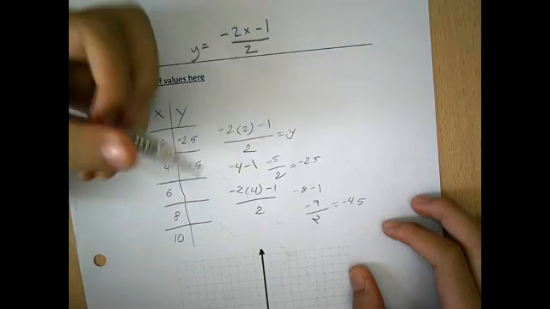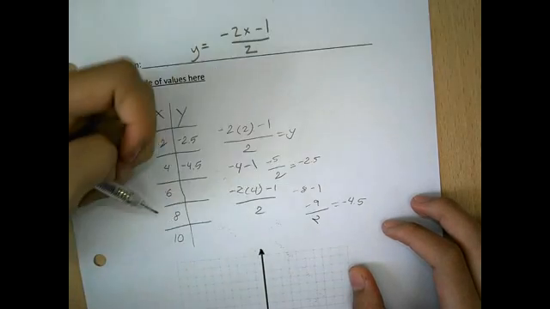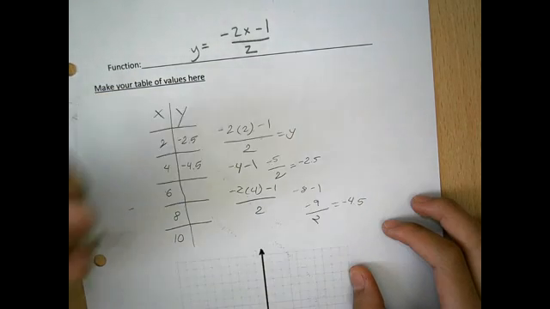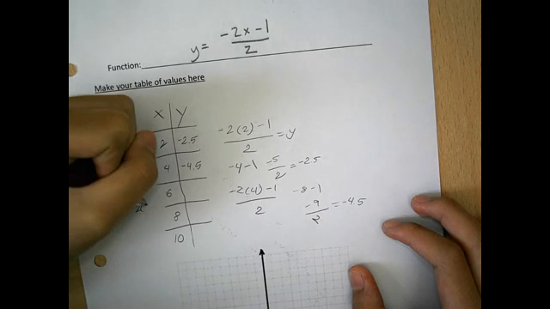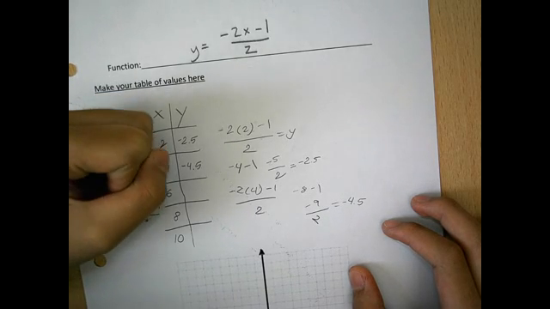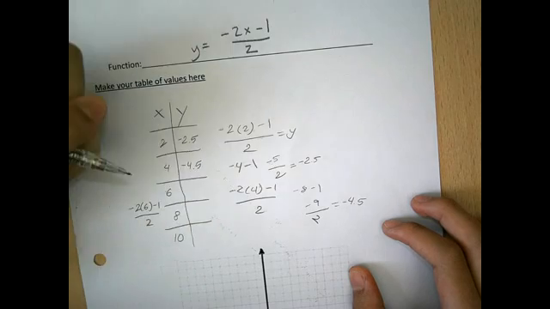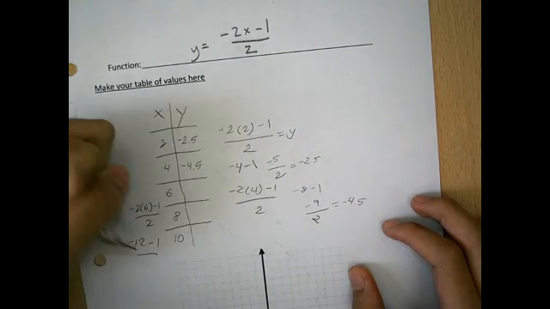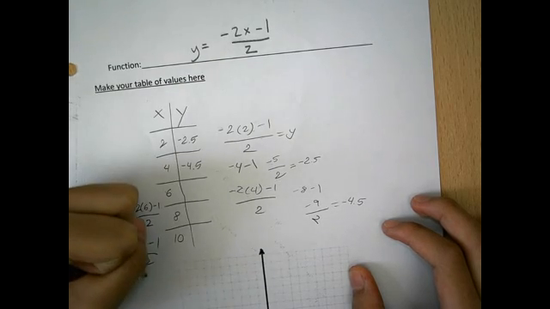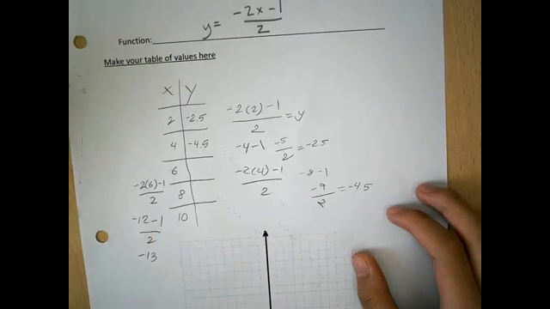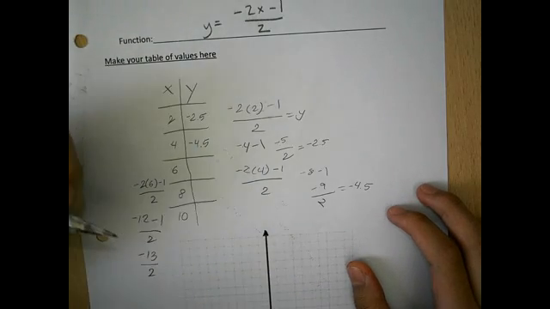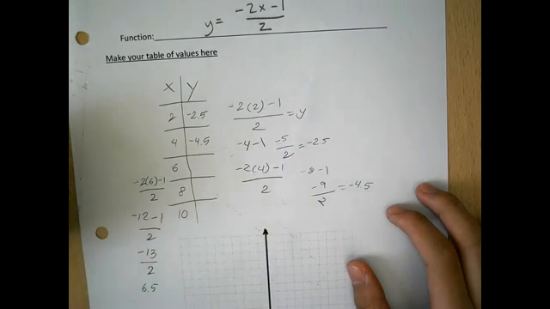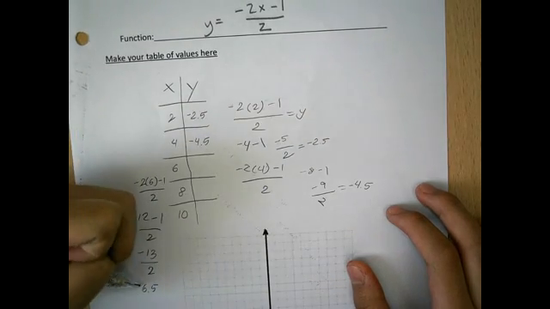Then we would do the third one, which is 6. So we have negative 12 minus 1, over 2, so that is negative 6.5.